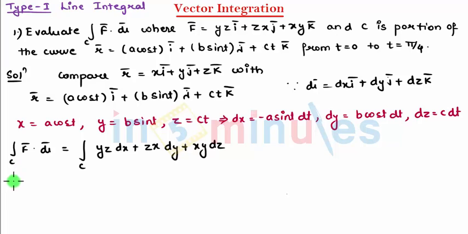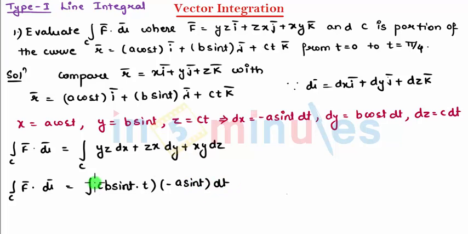So after substituting, the integral of F bar dot dr bar, I get y is b sin t and z is ct, and dx I got as minus a sin t dt.